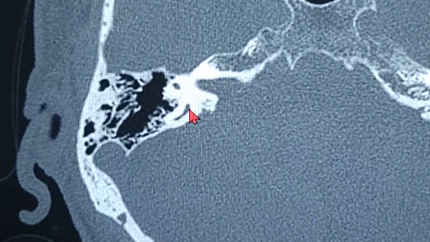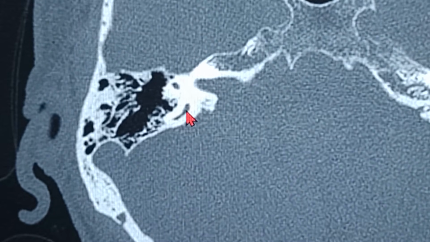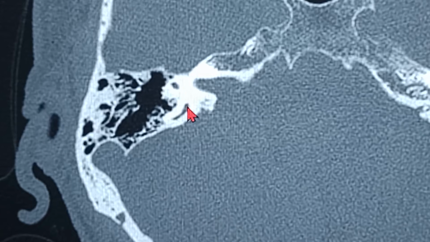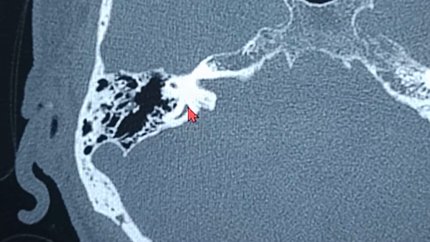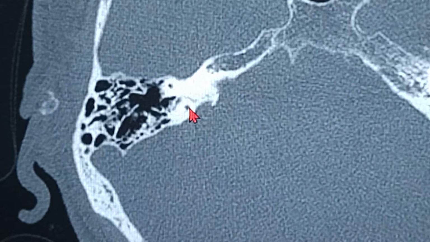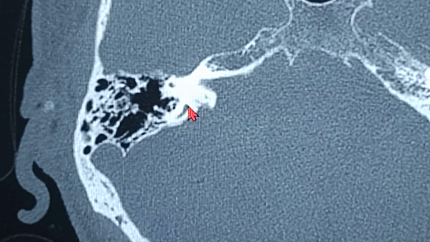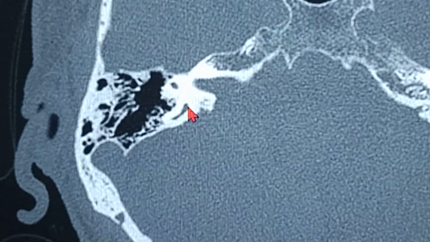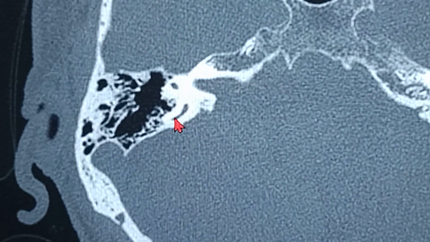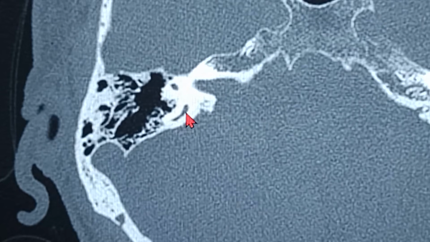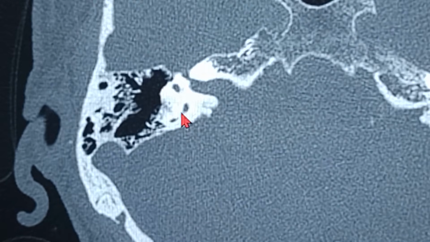So this was the common opening. This was the posterior semicircular canal. This was its end, and if I go above, you can see this is the non-ampullated end of the superior semicircular canal. And if I go below, you can see the posterior semicircular canal coming into the picture there, and it has a common opening.